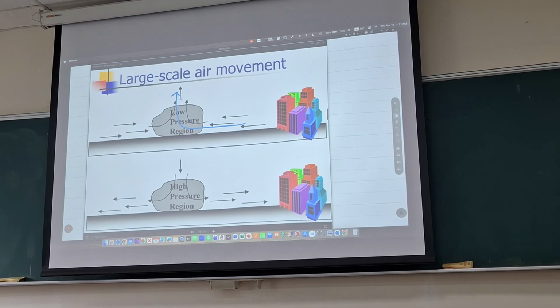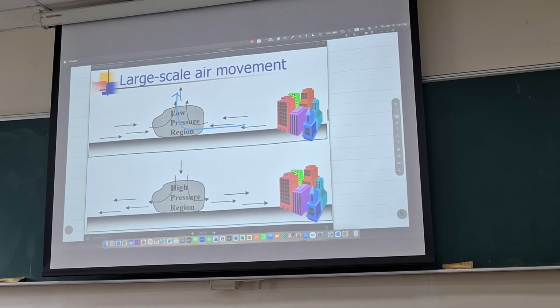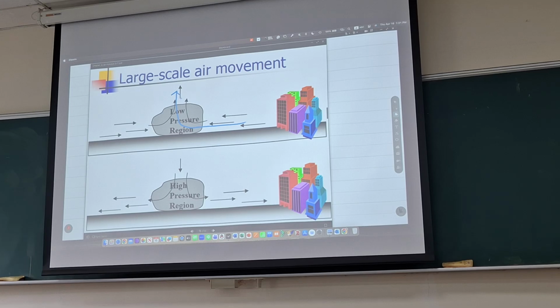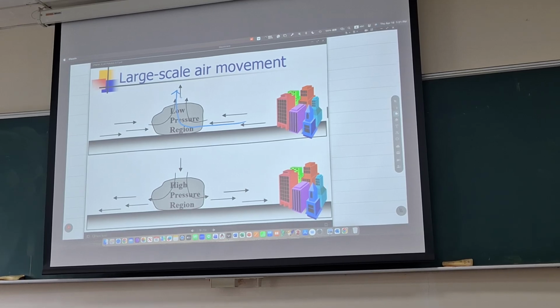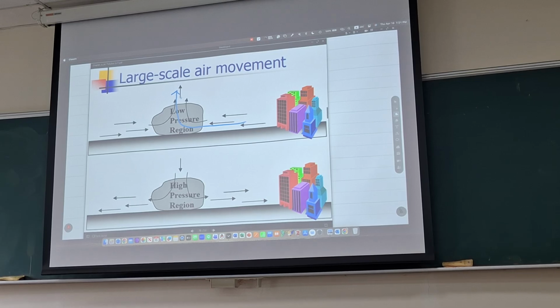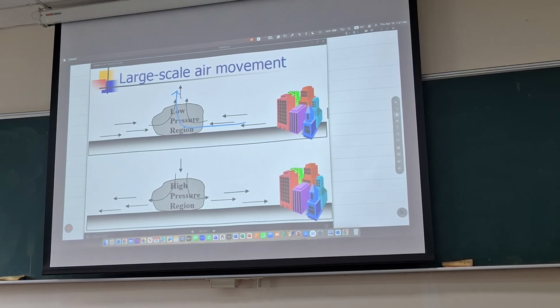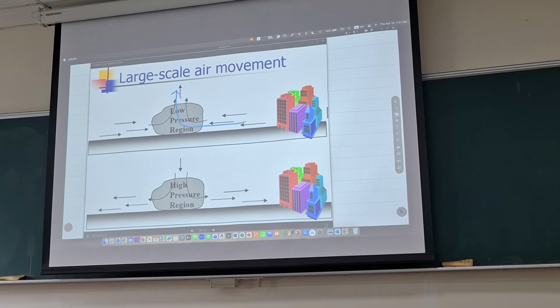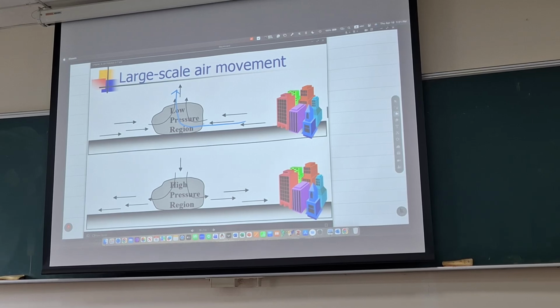Alright? So as the air converges, it is forced upwards. And this rising motion can help form clouds and unstable weather. Okay, so keep this one in mind.